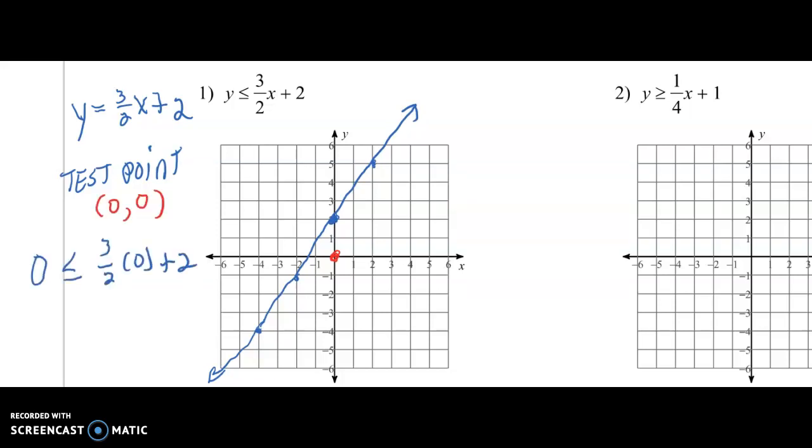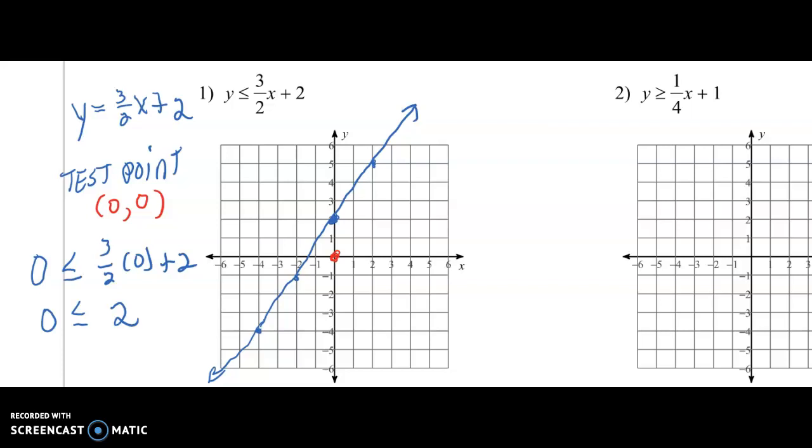Going back to our original inequality, we're going to plug 0 in for x and 0 in for y. And we're going to simplify that right side to see what we're left with in terms of the inequality statement. When we simplify that right side, we're left with a statement that says that 0 is less than or equal to 2. Since that statement is true, we know that (0, 0) is a solution for the inequality.